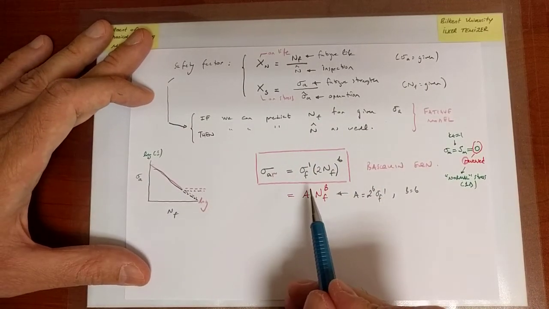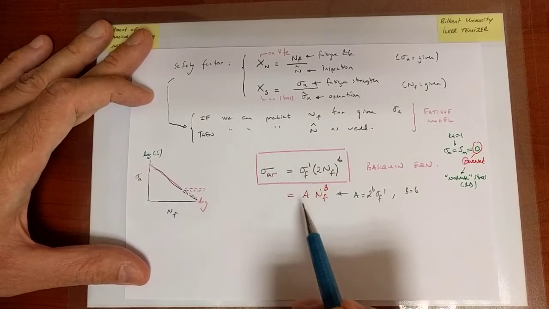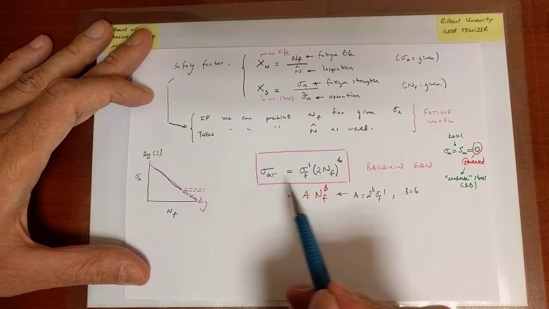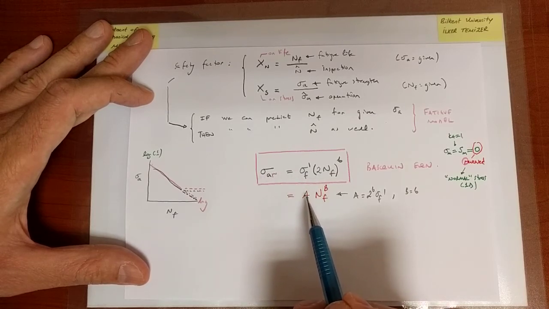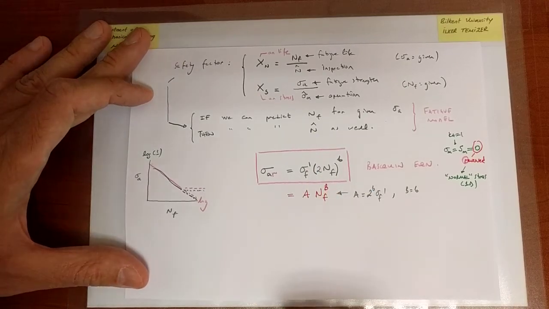So when you look up in the book, or online, in reference books, for data regarding fatigue performance of a given material, then you can see either the factors A and b, or sigma_f prime and small b.